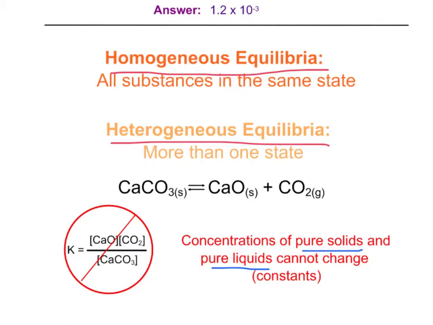Their concentrations are constant. Therefore, for this reaction, this is not the equilibrium expression or the equilibrium constant, because the values for calcium oxide and calcium carbonate are themselves constant.